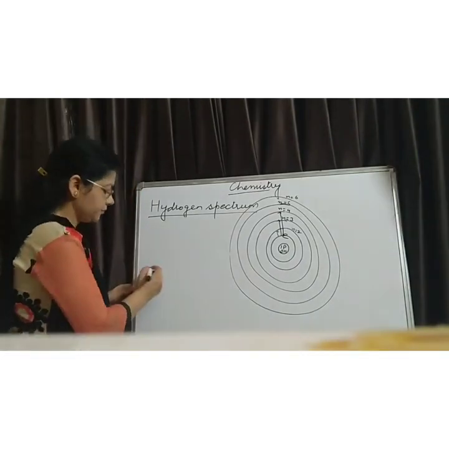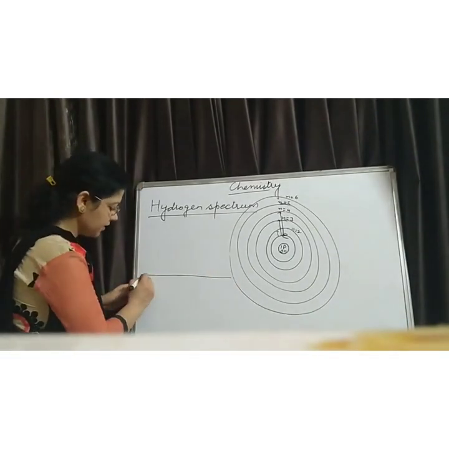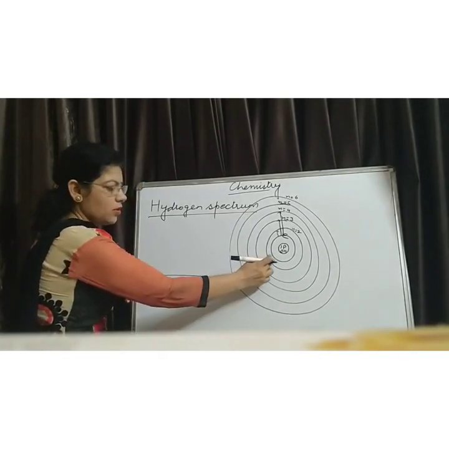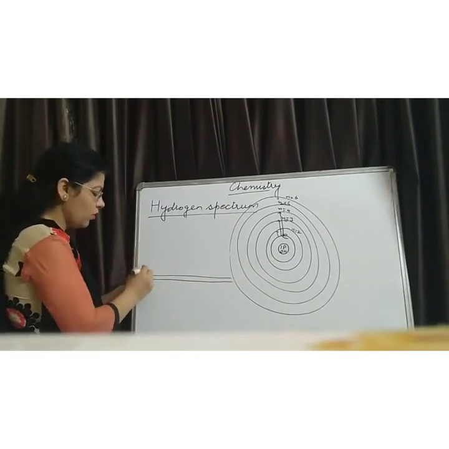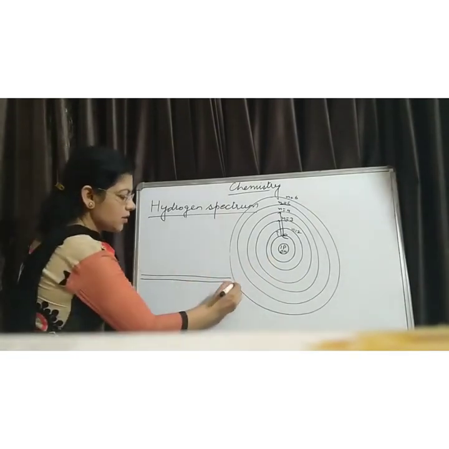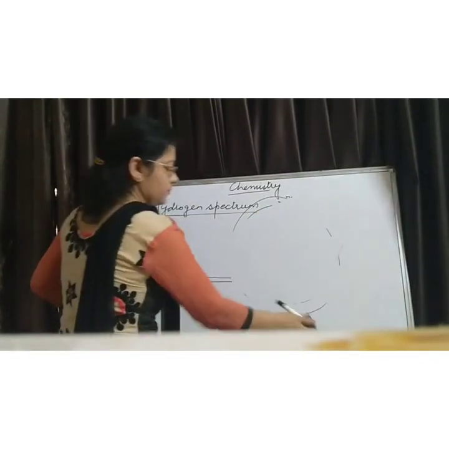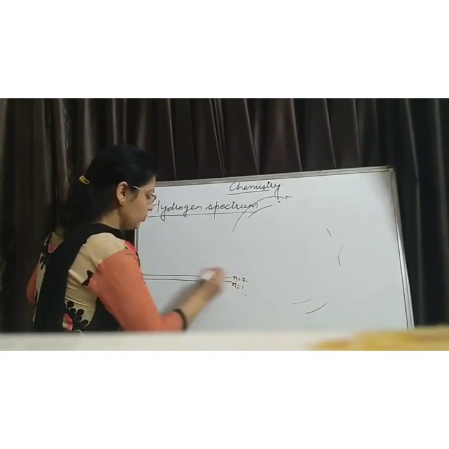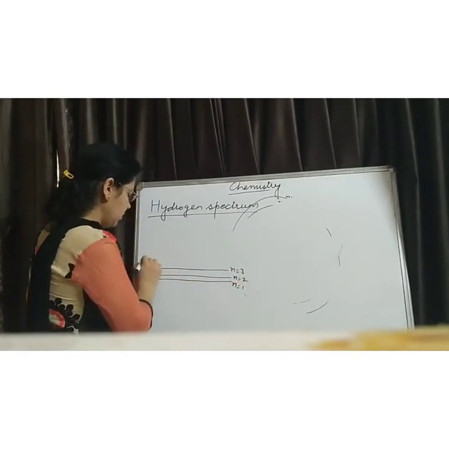See that? Let these shells be represented in the form of these lines. These orbits or these shells are represented in the form of these horizontal lines. This is n is equal to 1. This is n is equal to 2. N is equal to 3.